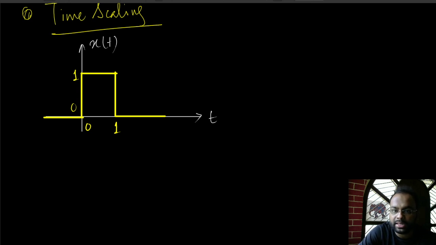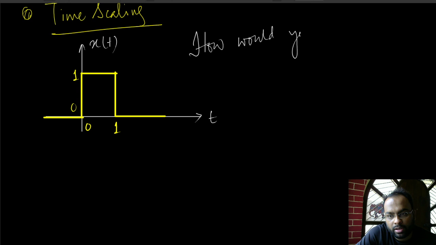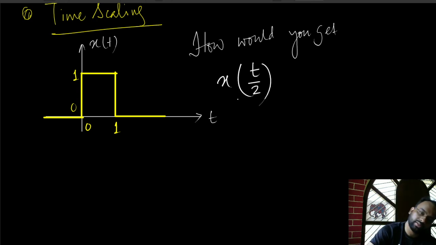With that said, my question now is, how would you get x of t by 2?